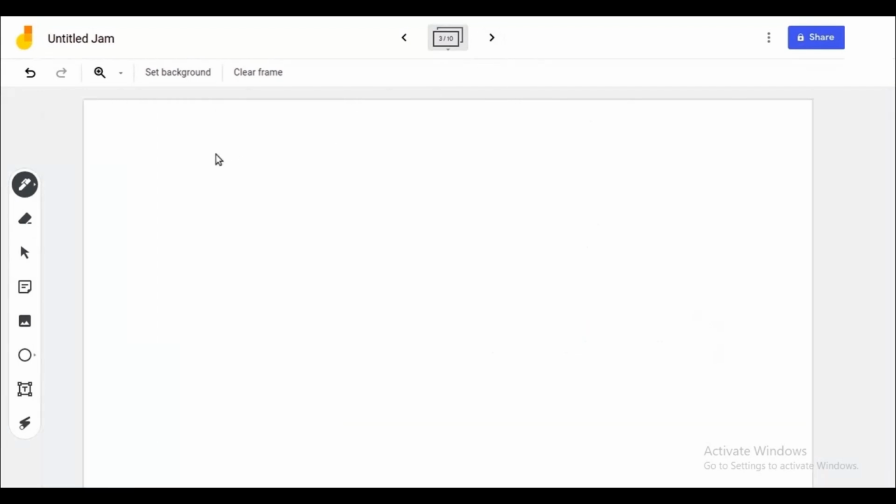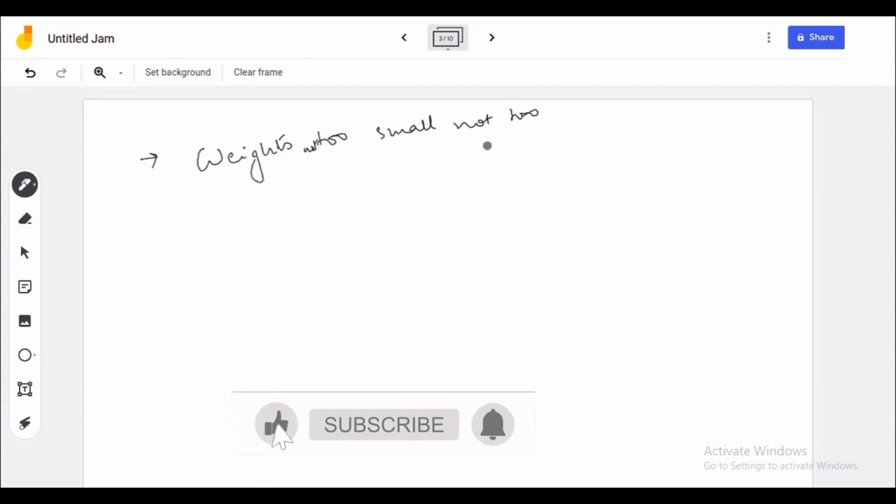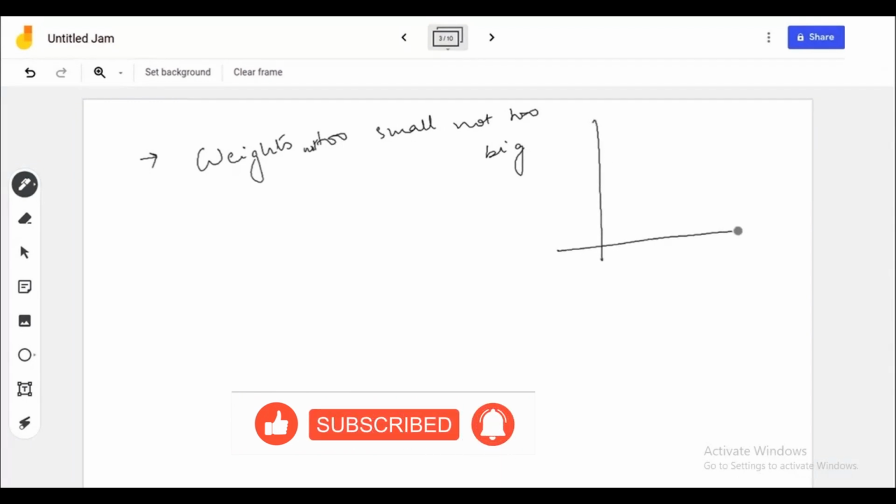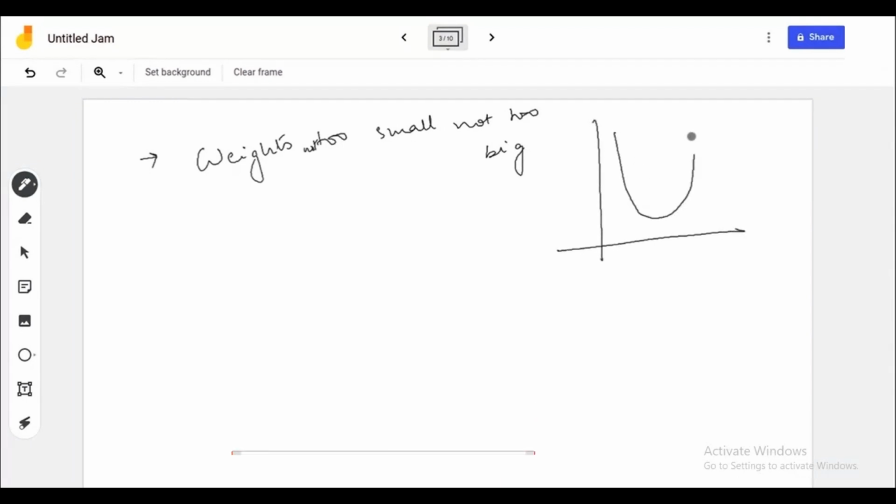So why is that important? First, let us talk about some of the other things. We know that weights should neither be too small nor too big. So why is that? Let us go back to this problem. We have the loss here plotted against the weights.